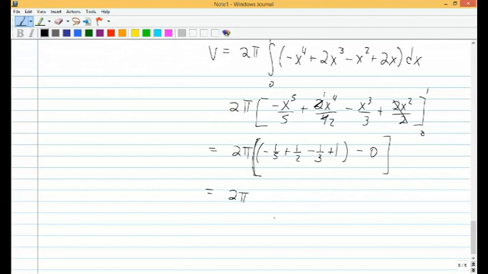Alright, so that's going to be 2 pi times, got to get a common denominator. Looks like that common denominator could be 30. So that would be negative 6 plus 15 minus 10 plus 30.